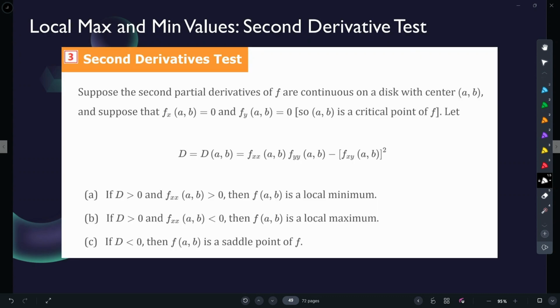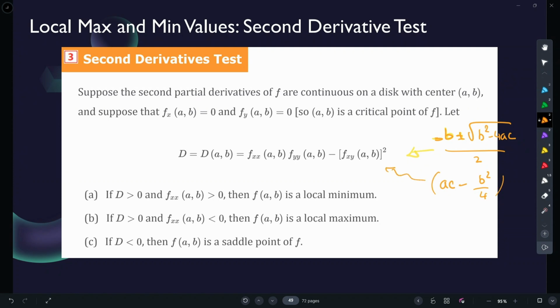And actually where this formula comes from, you should think about this as coming up like in the quadratic formula: minus b plus or minus the square root of b squared minus 4ac, divided by 2. That is similar. This is sort of like an ac minus b squared divided by 4 kind of thing, that formula over there.